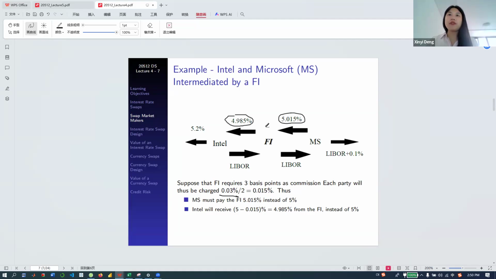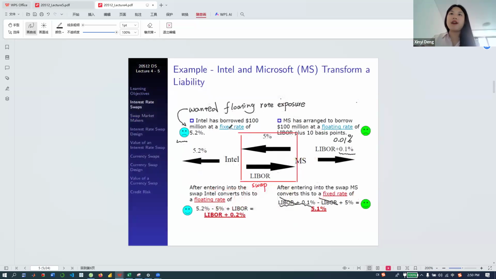Therefore each of them is going to bear 0.015%. So instead of paying 5%, Microsoft now has to pay 0.015% extra, so that's 5% plus 0.015%. Then for Intel, if you look back to the previous example, it was receiving 5%.